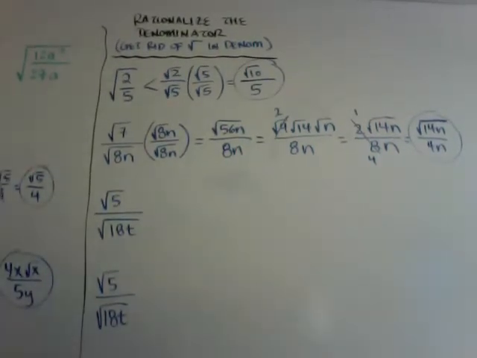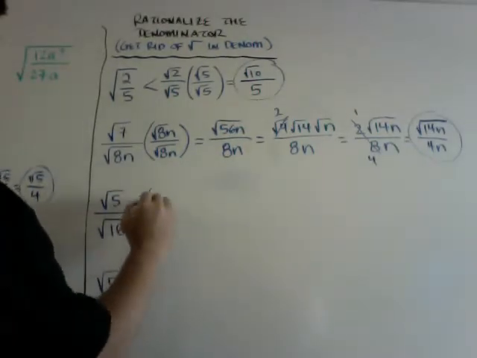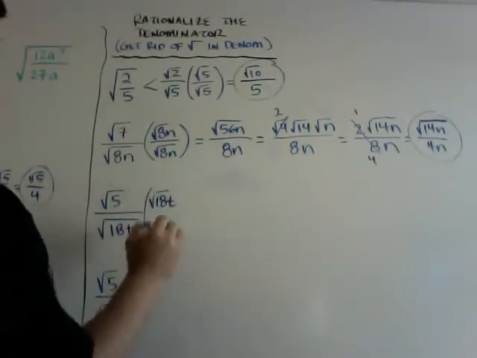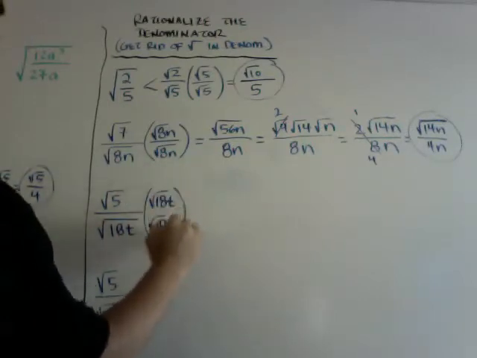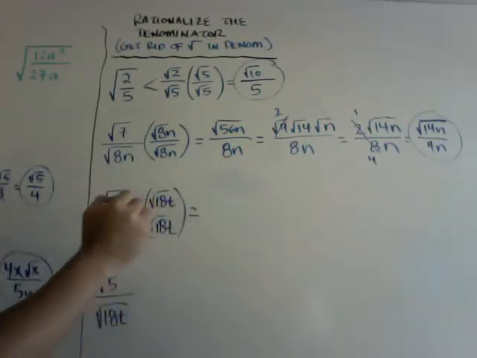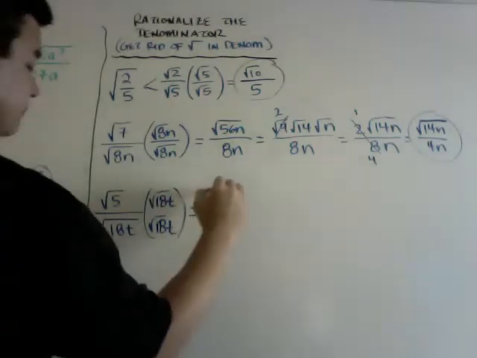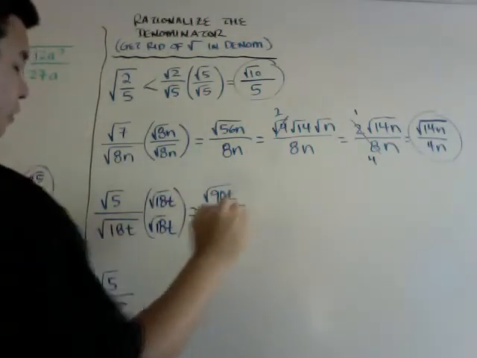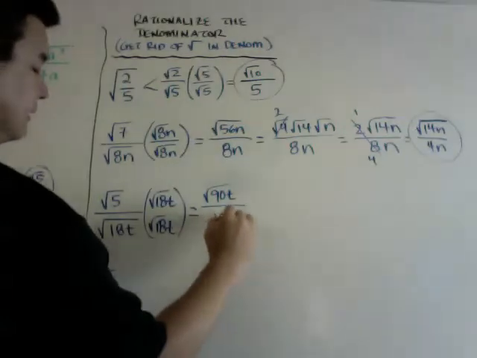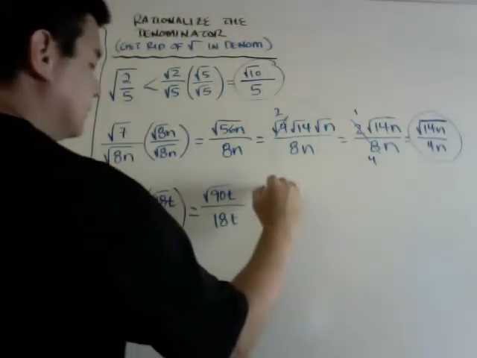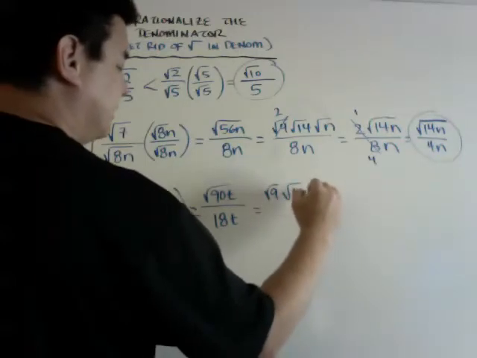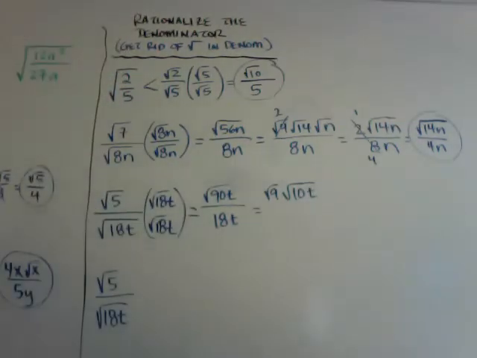Okay, here's another one. I'm going to multiply this one by radical 18t. So I get radical 90t over 18t. I can already see 90 is going to be 9 times 10. So I go 9 times 10, and I'm just going to leave the t under there because I know it's by itself.